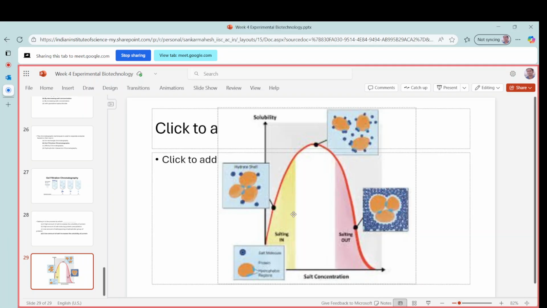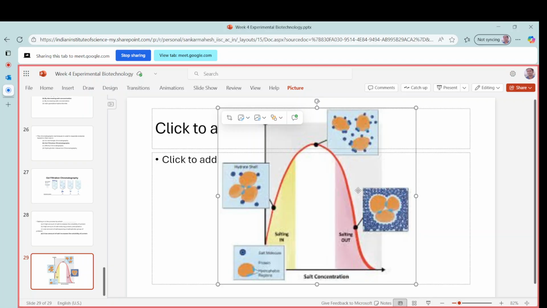So what you need to know is there is something called a hydration shell. A protein will be covered by water molecules. Now, in the presence of salt, these water molecules could be replaced and your salt can bind there. So your protein will separate.